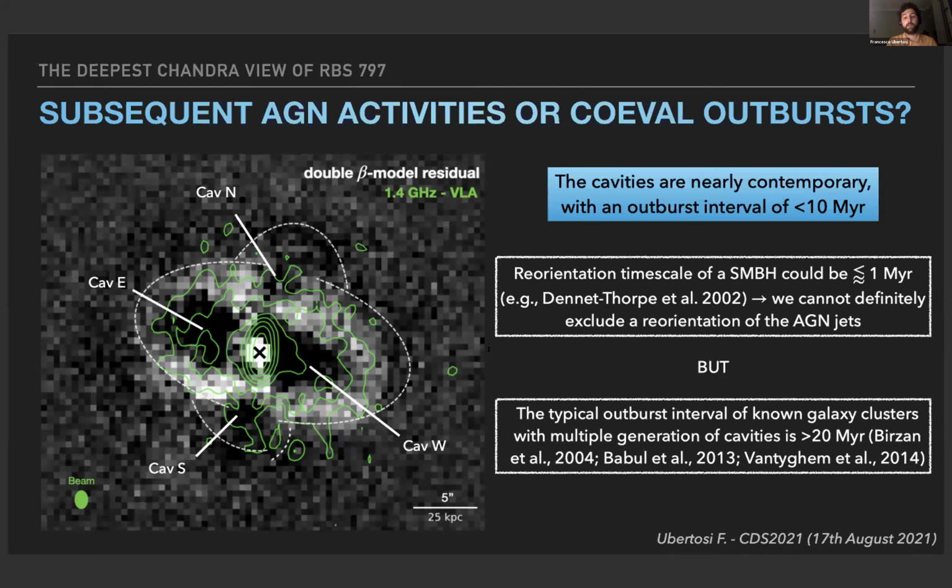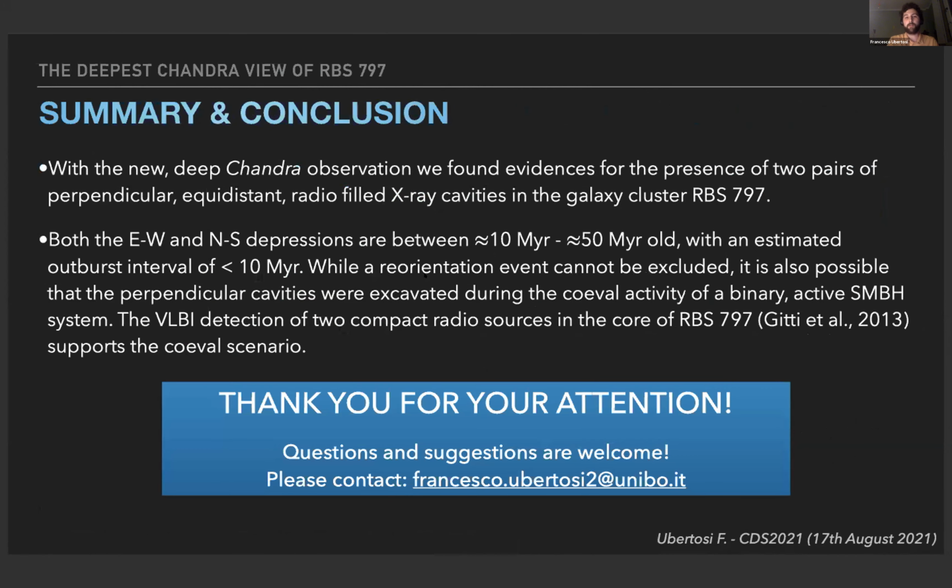But the typical outburst interval of known galaxy clusters with multiple pairs of X-ray cavities is higher than our 10 megayear estimate, so the possibility of having a dual active supermassive black hole system in the core is still tantalizing. So I'm leaving my conclusions here, and thank you for your attention.